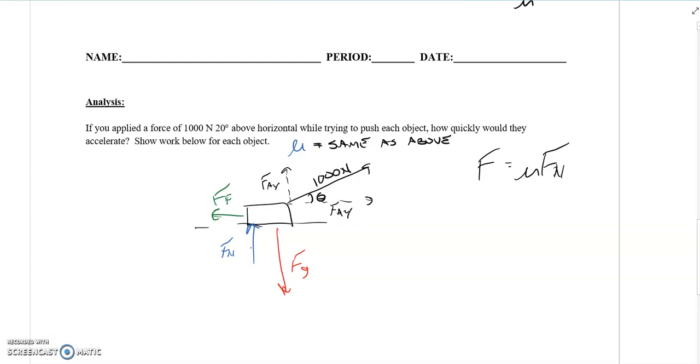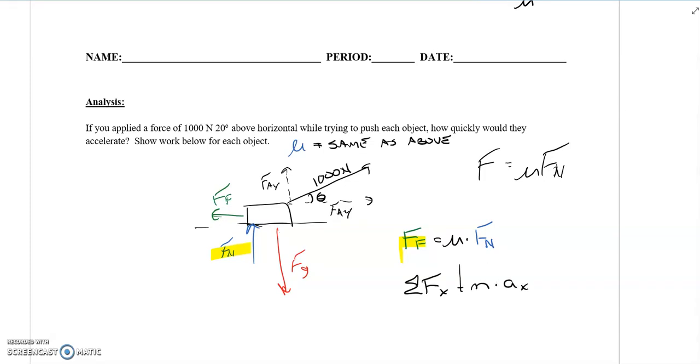Once we know mu, the force of friction is simply that mu value times the normal force. So once I can calculate the normal force first, I can then find what friction is, and then I can set up my sum of the forces along the surface equal to the mass times the acceleration in the x.